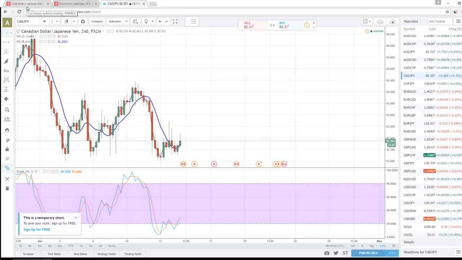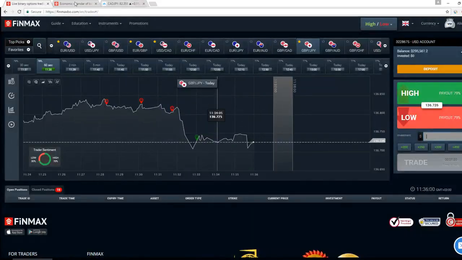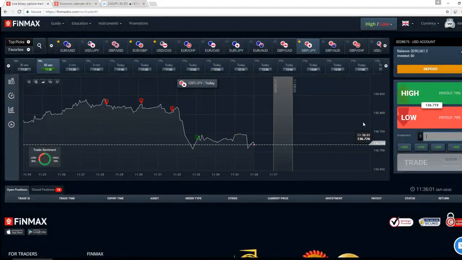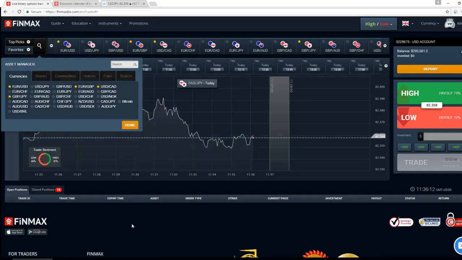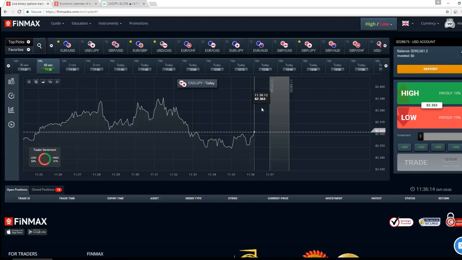So I'm gonna open the trade. I'm gonna enter the trade for Canadian against Japanese yen to see what we can do here.